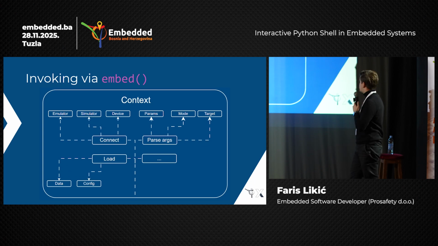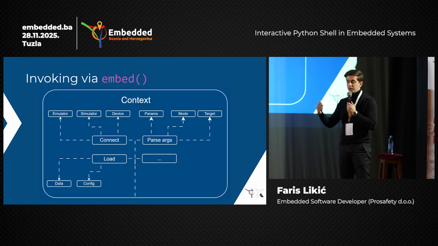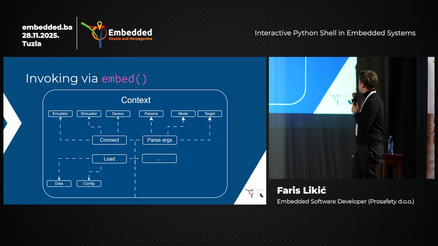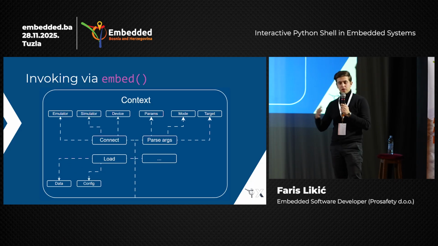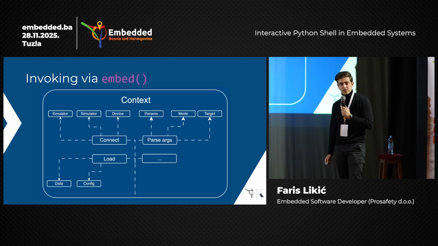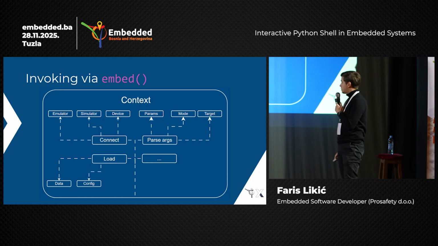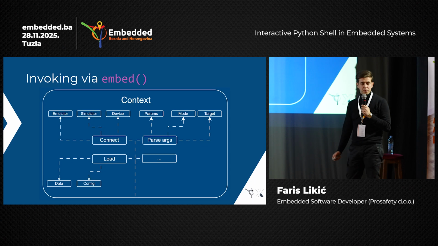For example, you need some kind of a mode that you're going to be working in, either software or hardware or you name it. You can specify a target machine. If you have multiple machines that you're usually connecting to, you can specify which one you want to connect to, or whichever parameter you're passing in here as a value. You could also load some data, maybe some kind of configuration or some previous measurements that you have performed.